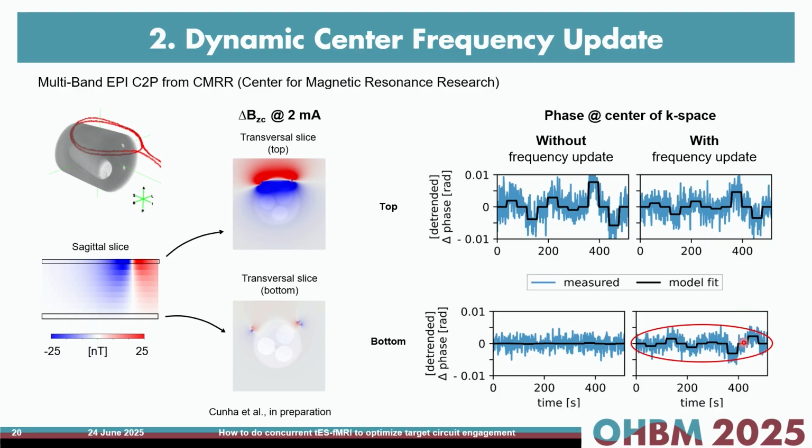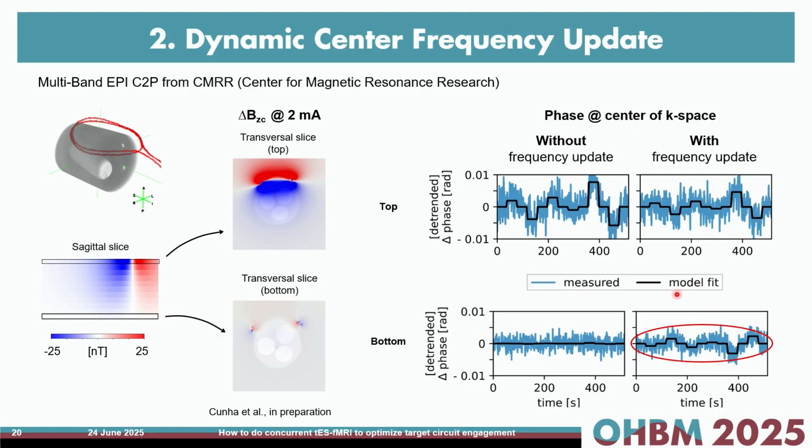Well, this is because when the scanner is trying to have a rough estimate of what the center frequency is at each time point, it will do an average over the imaging volume, such that it cannot really correct it fully where it's needed, and ends up inducing it also somewhere else, because there can only be one center frequency.